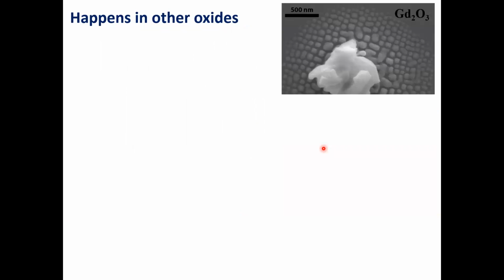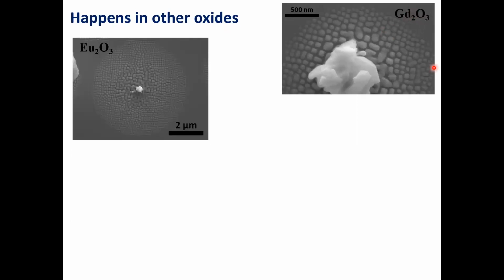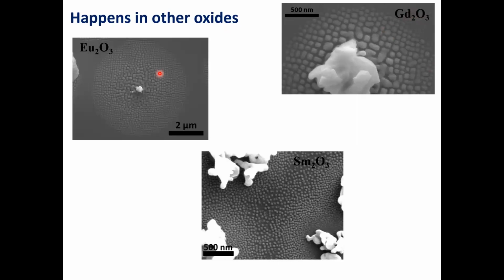So does it happen with gadolinium-doped cerium oxide only, or can other source materials work? What we have shown is that other rare earth oxides will work. So this is gadolinium oxide. You can see gadolinium oxide nano-islands around it. Europium oxide nano-islands around it.